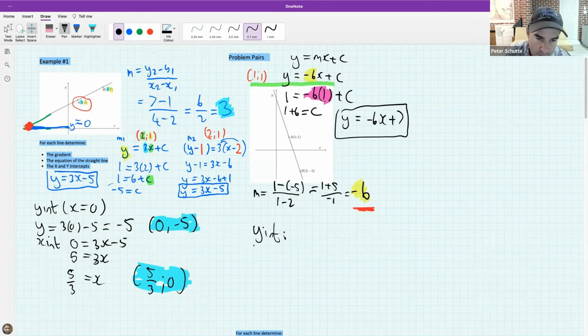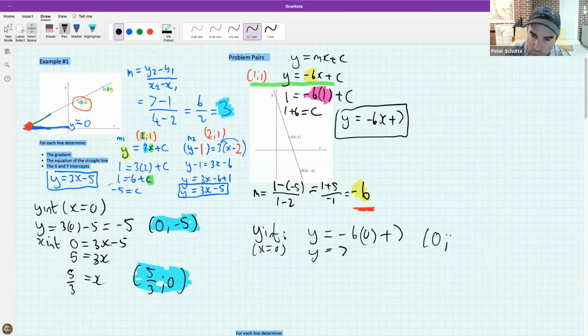Some of you may even want to write underneath it to remind yourself x equals 0. So what do we get? Well, anything times 0 is 0. So we get 7. And then in coordinate form, we get (0, 7). So that is my y-intercept.